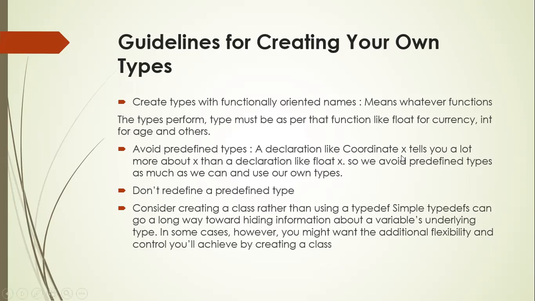It is much more readable and explicit that it's coordinate x than float x, which is not that clear. Therefore, we are going to avoid the predefined type, which is float.